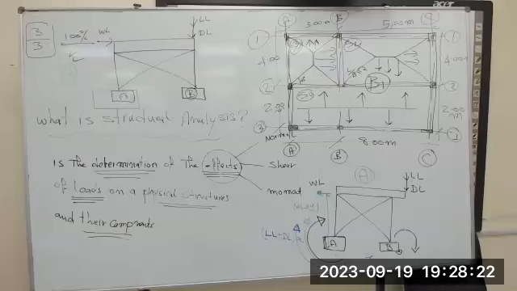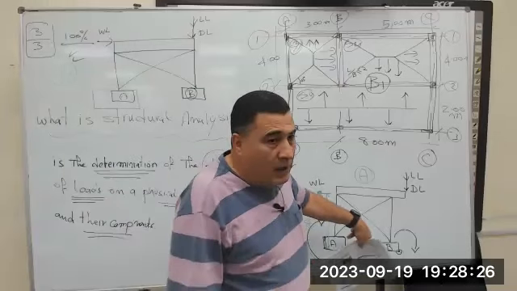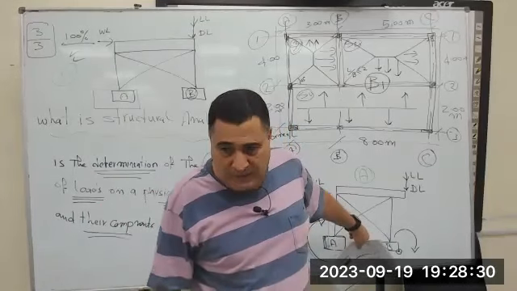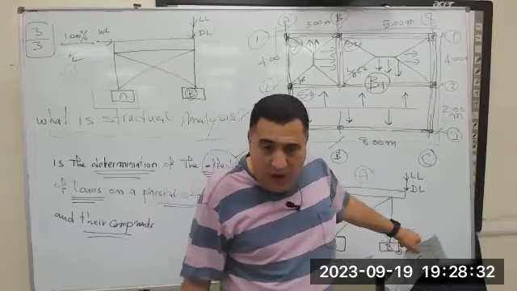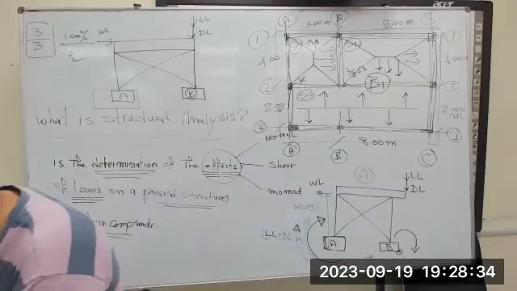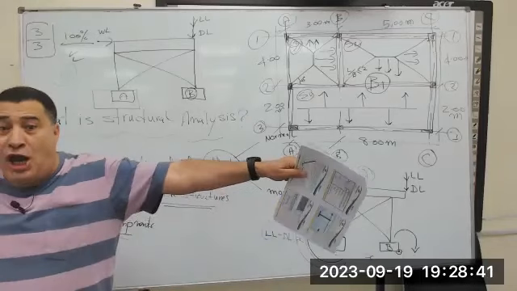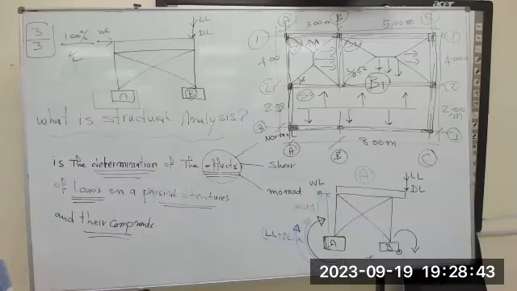The probability is 2% or 5%. But here, the percentage is what? 100%. There is uplifting. And if your foundation A is very small, uplifting and overturning will happen. But if foundation A is big, is there uplift? No. If you build a very big foundation, it will resist.